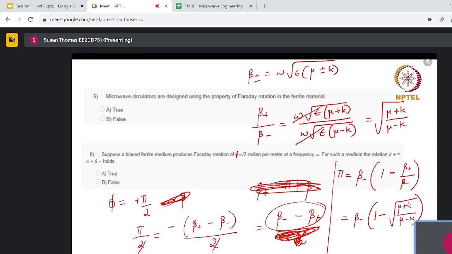Okay, I think this is the right answer, but I suggest you all to go through this once again. I hope you understand that it can be written in terms of beta plus, in root of mu plus k and mu minus k. But then still there is some small error here.